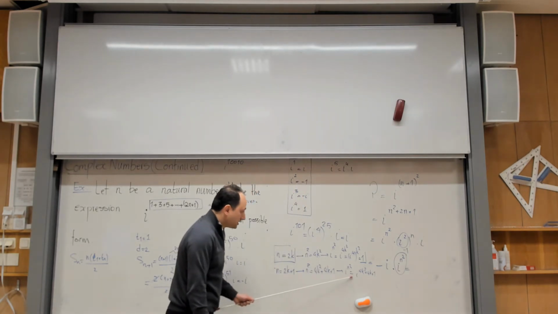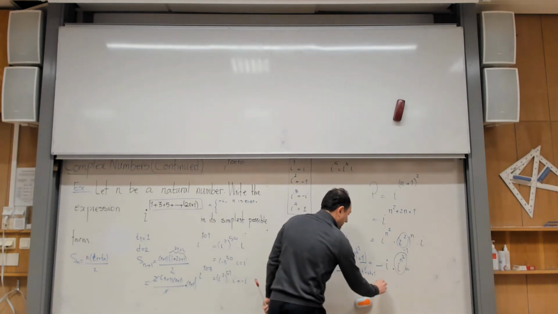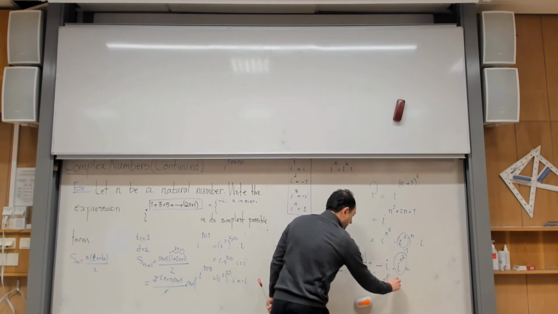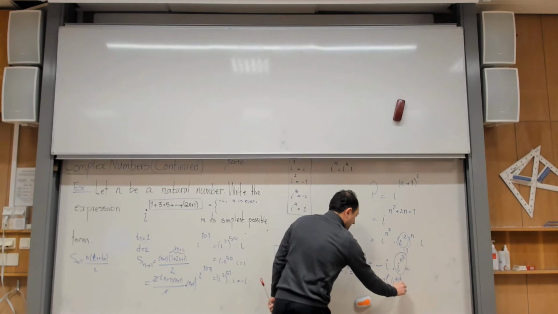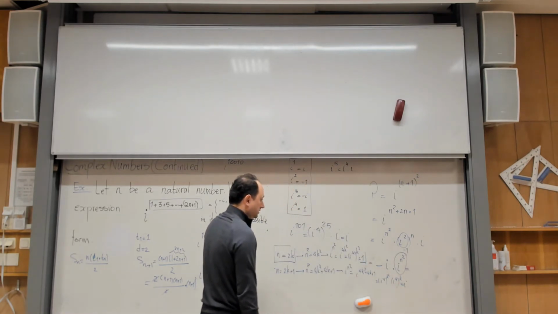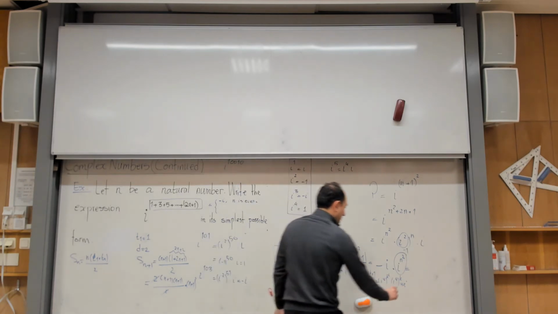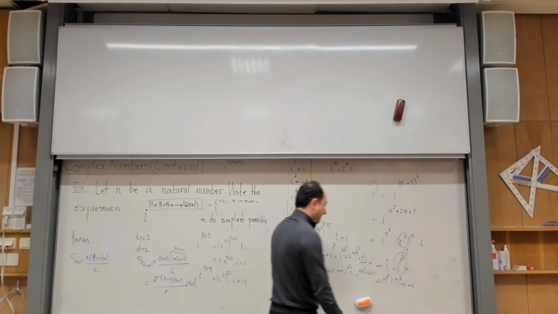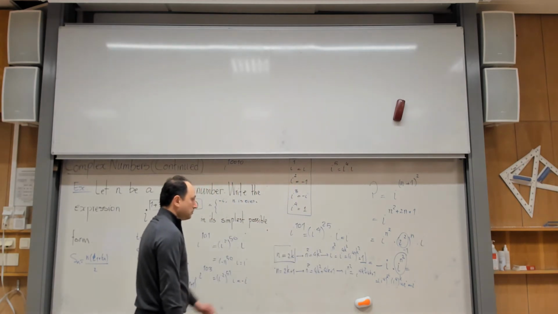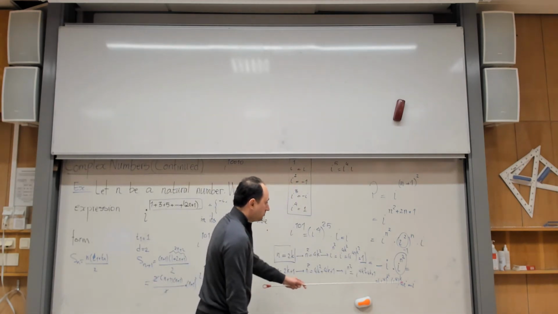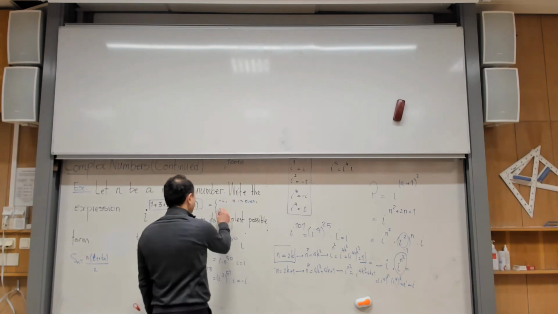But then, you see, I can write i to the power 4 to the power k squared, multiplied by i to the power 4 to the power k, multiplied by i to the power of 1. Yes? But i to the power 4 is 1. This is also 1, so it becomes i. Yes? But there is another minus i here. Multiplied by that, it becomes 1.